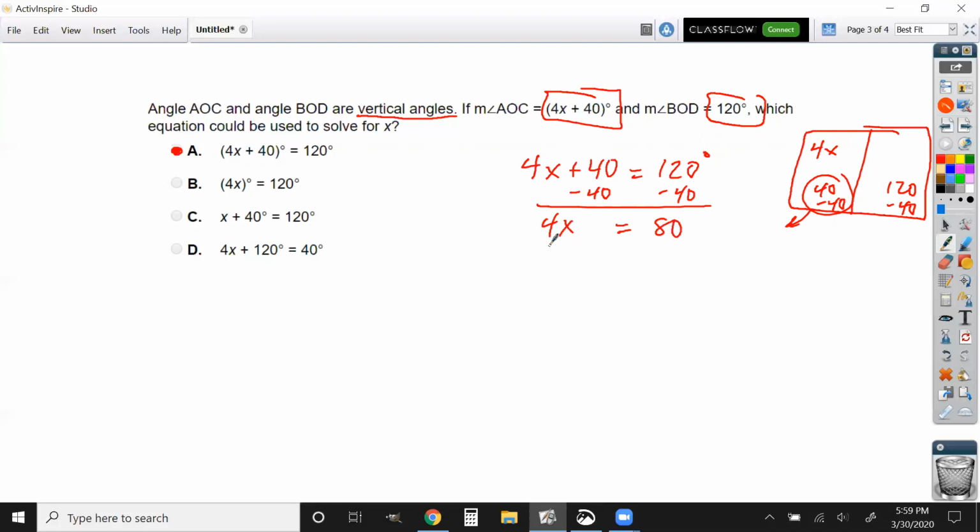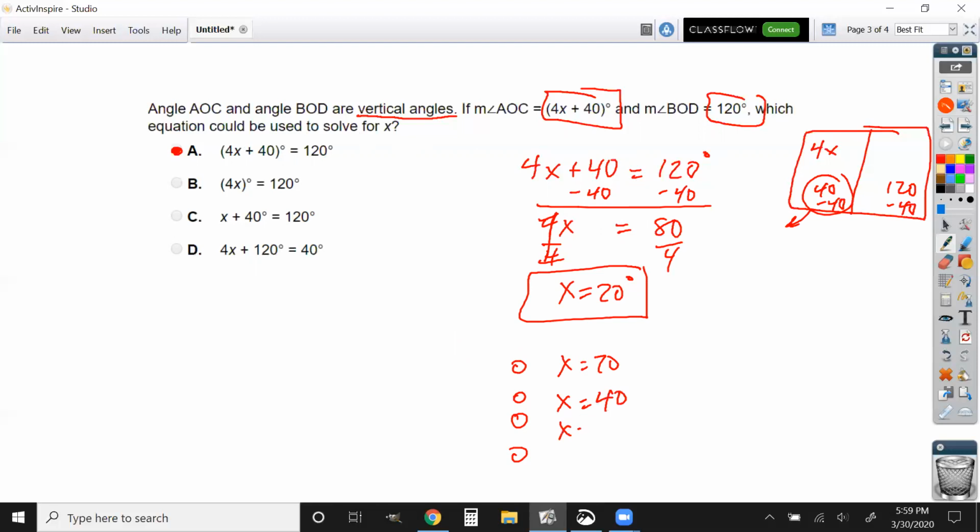And then if they ask you to solve from here, you're going to divide this by 4 equal groups to make a giant 1. And x would be 20 degrees. Now, they did not ask us for that. They just asked us what equation could be used to figure that out. But I just wanted to be a little bit thorough for you. So if the question said, what's the value of x? And your 4 options were x equals 20, x equals 40, x equals 10, or x equals negative 3, then you would choose this one.